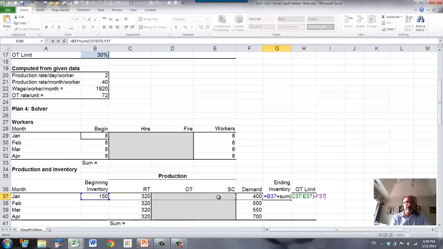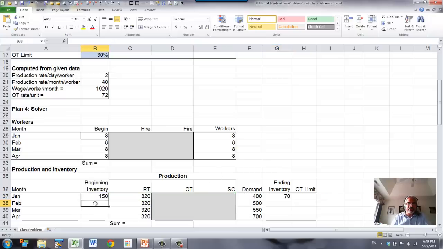So this will give us the ending inventory, and that ending inventory will be the beginning inventory for February. So now we can copy this for the rest of the months. Of course, you can have negative values, but when we run solver, when these ranges are populated with numbers, we'll be fine.